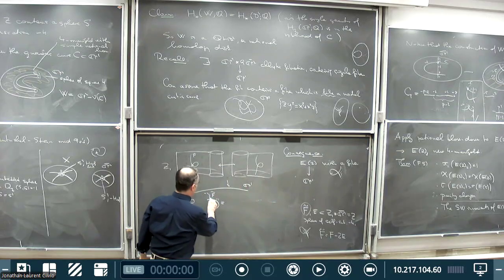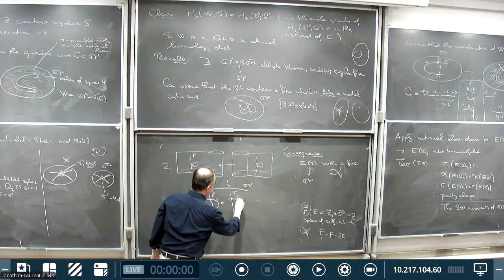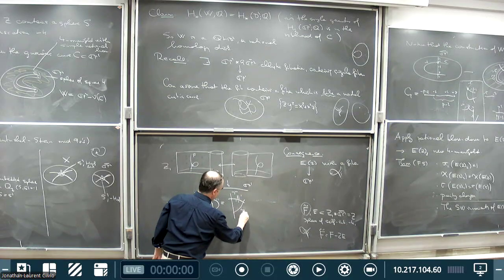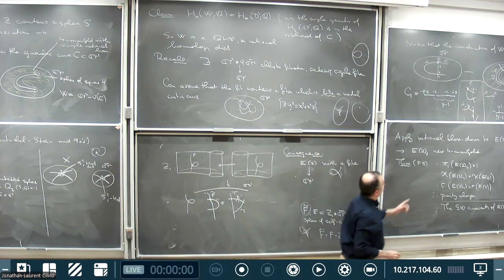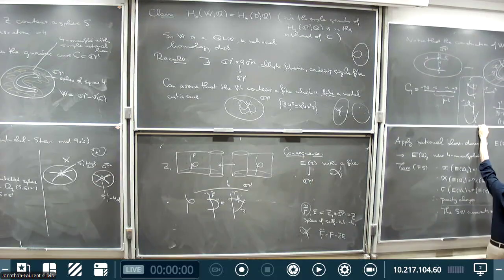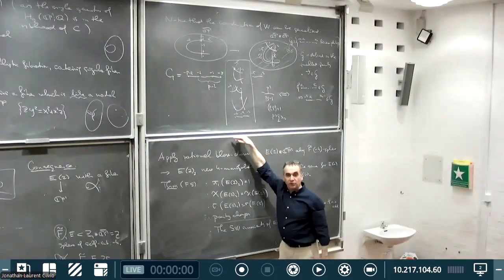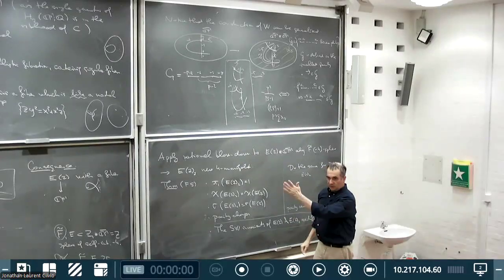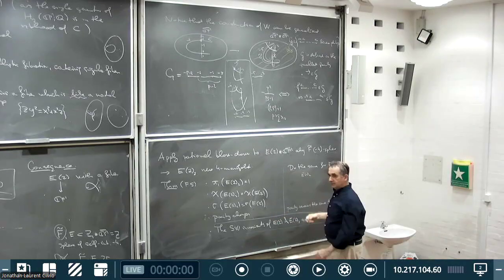You blow it up once, you get a -5, a new exceptional -1, and the old exceptional becomes a -2, and so on. So you find exactly that curve configuration, this one and that one, and all the P's in your several blow-up E2 or EN.